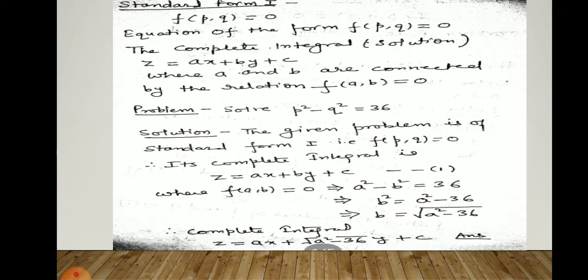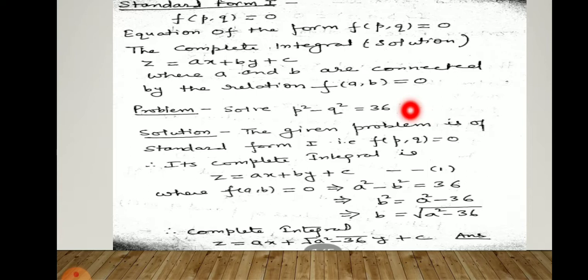Now we look at the screen. Here the problem is we have to solve p square minus q square equal to 36. So it is clear that this problem is given in standard form 1, that is f of p, q equal to 0.